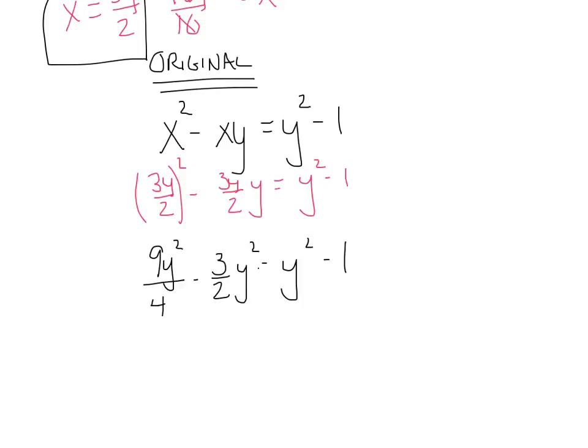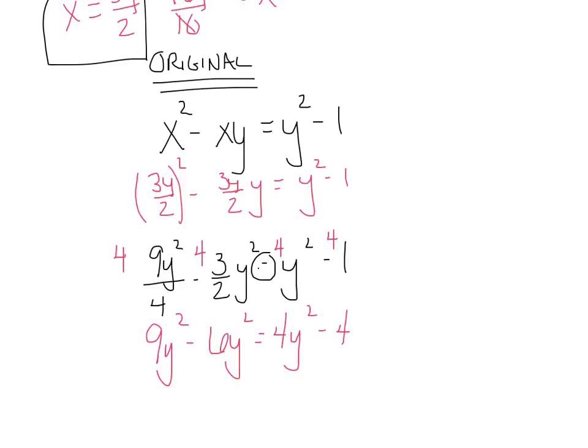Now, I'm not a particular fan of all these fractions, so I'm going to kill them, and I can do that because I have that equal sign here. And I'm going to say my common denominator is 4, and if I multiply each term by a 4, I should kill all the fractions. And remember, we do it to every term to balance it out. So that gets me 9y squared minus 6y squared equals 4y squared minus 4.